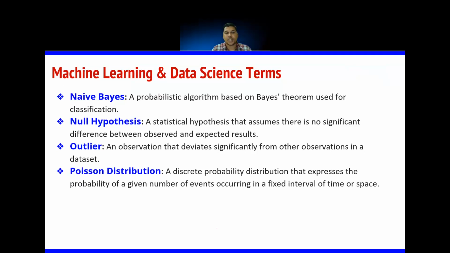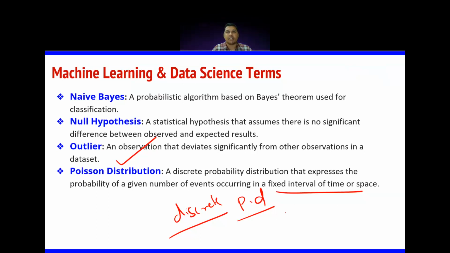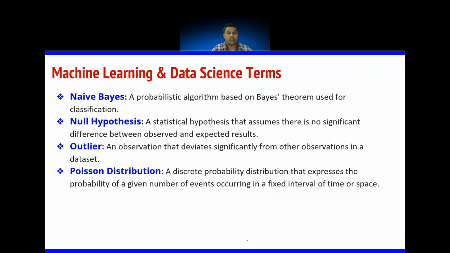Next is Poisson distribution. We have seen that whenever a distribution is linked with a time-related factor, you try to apply Poisson distribution. It's a discrete probability distribution function that expresses the probability of a given number of events occurring in a fixed time interval.